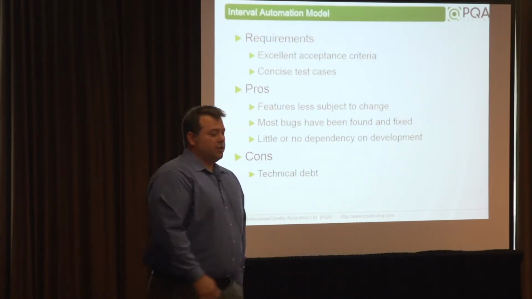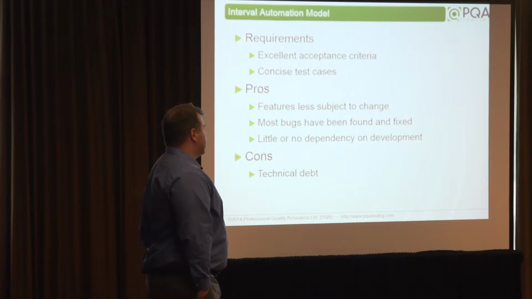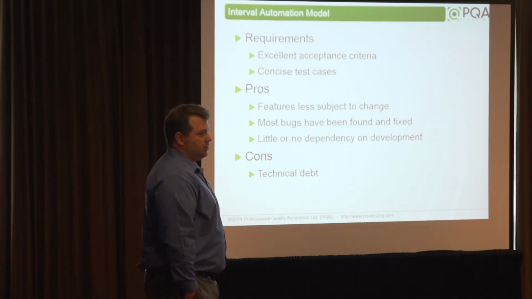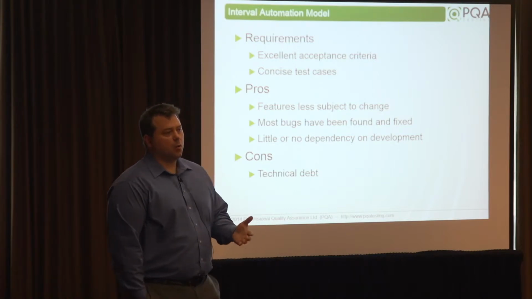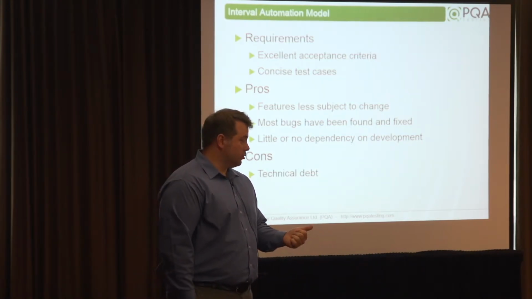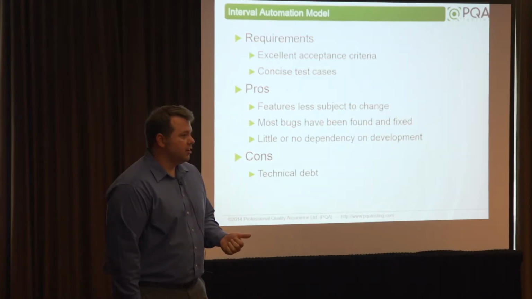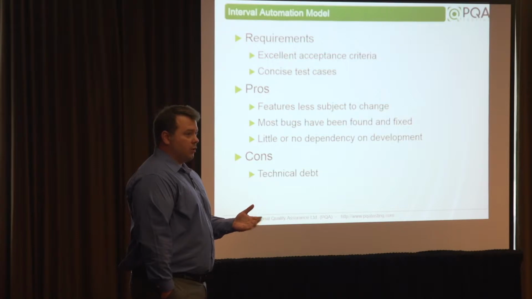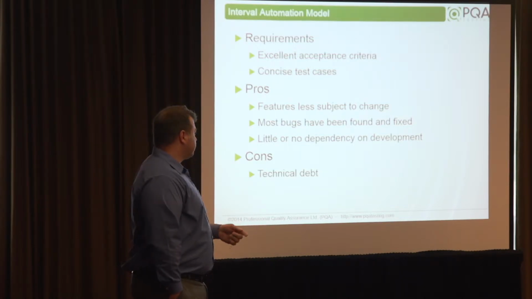So for internal automation, the requirements are excellent acceptance criteria and concise test cases. That's because you're not working directly in the same sprint as the developers and the manual testers, so you're going to be more dependent upon the information that they're recording for you to look at later.